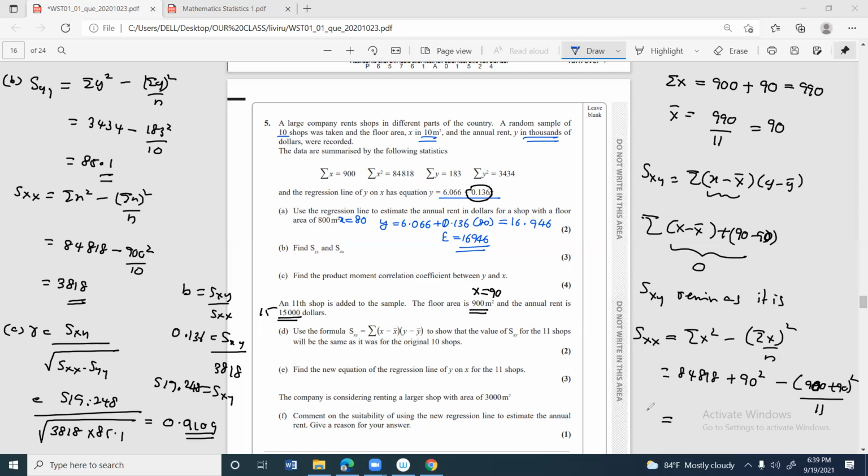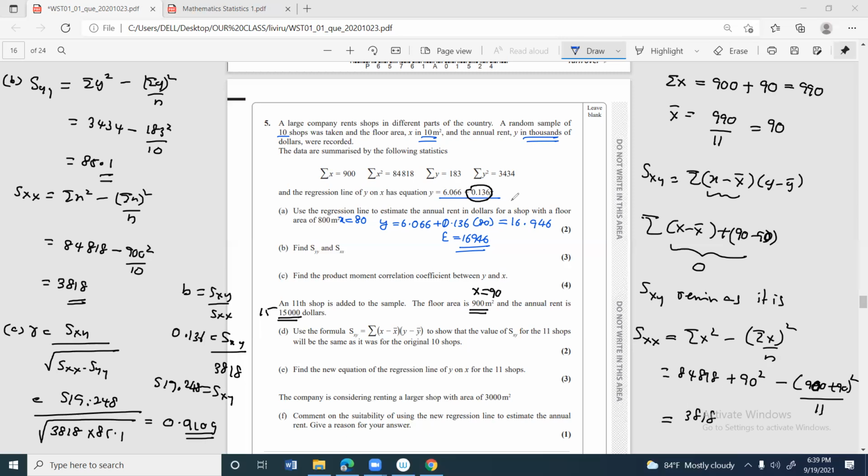If you work out over here, the value would be 84,818 plus 90 squared minus 990 squared divided by 11.